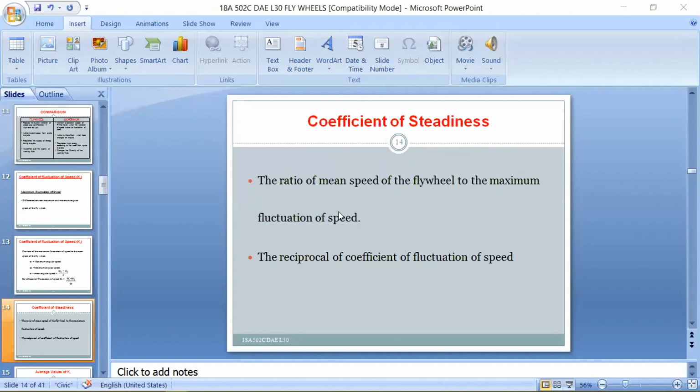As per this definition, we can observe that the coefficient of steadiness is the reciprocal of the coefficient of fluctuation of speed, that is, 1 by Ks, which is also equal to omega by omega 1 minus omega 2. That is the coefficient of steadiness.